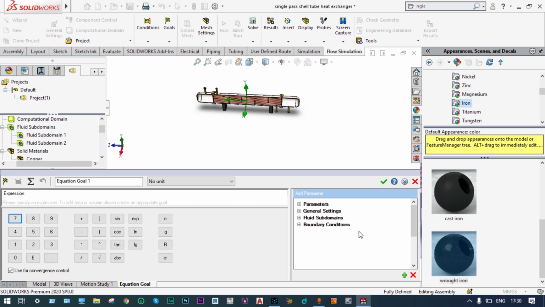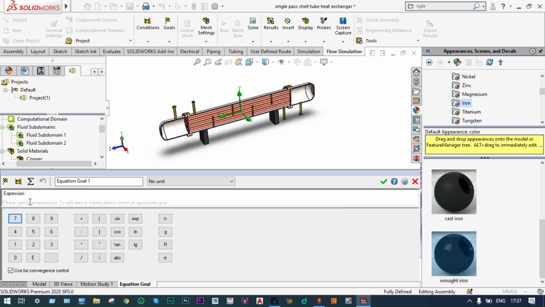Let us select that boundary conditions to have the input parameters, that is temperature also, and mass flow rate, etc. will be required. The LMTD is equal to del T1 minus del T2 divided by ln del T1 by del T2. So del T1 is actually the temperature difference of hot inlet and cold outlet. Similarly, del T2 equal to temperature of hot outlet minus temperature of cold inlet. So we have to define it.